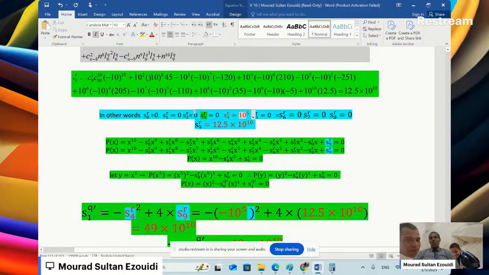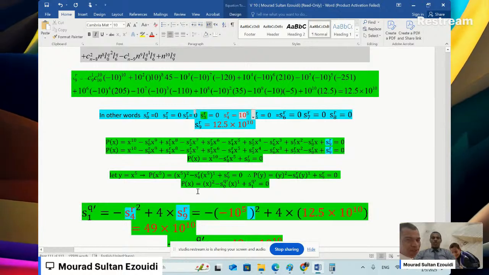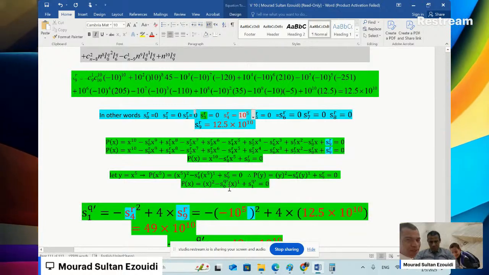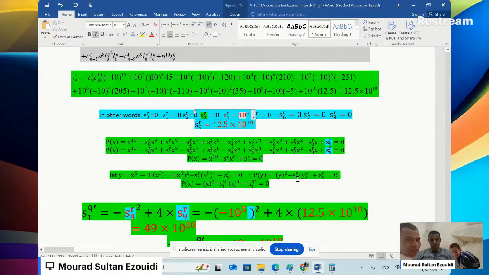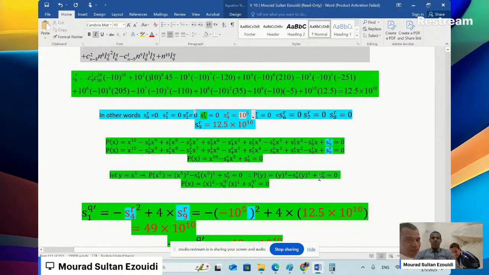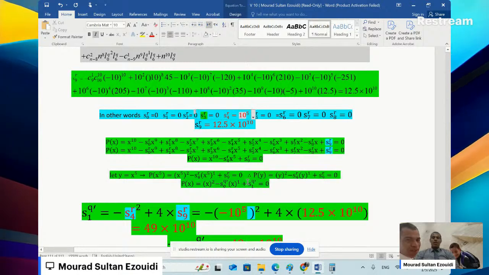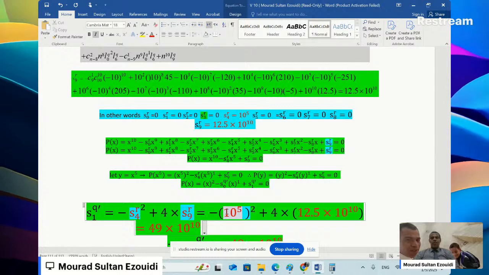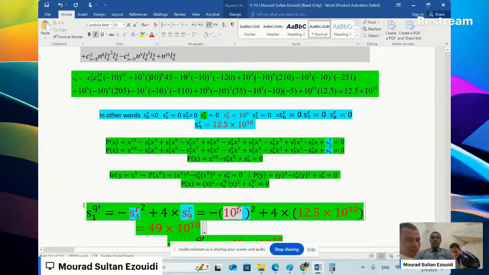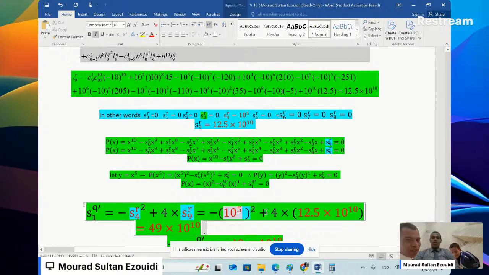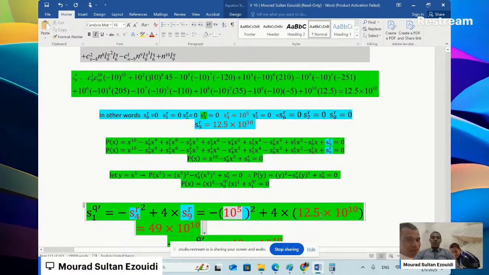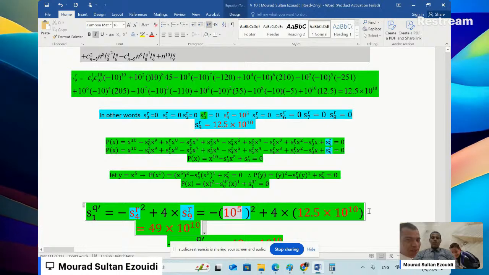Okay, now s1 of the 2 dash equals negative s4 of order r squared plus 4 times s9 of order r. It will be negative, okay, times 10 raised to the 5 raised to the power 2 plus 4 times 12.5 times 10 raised to the power 10.